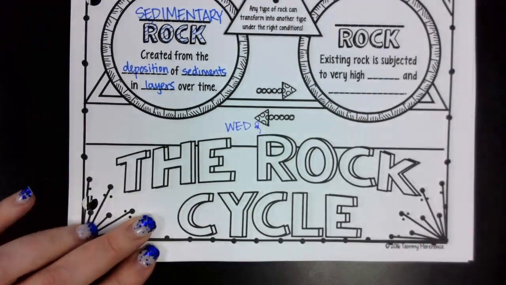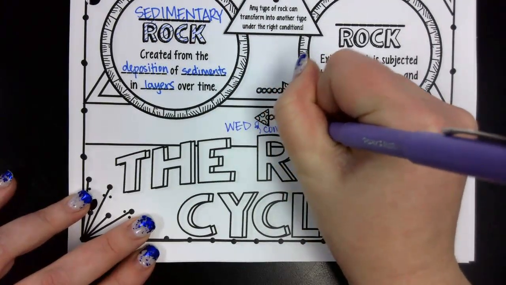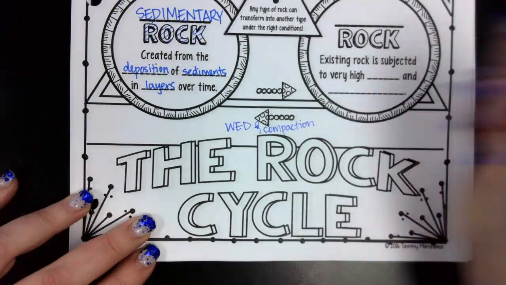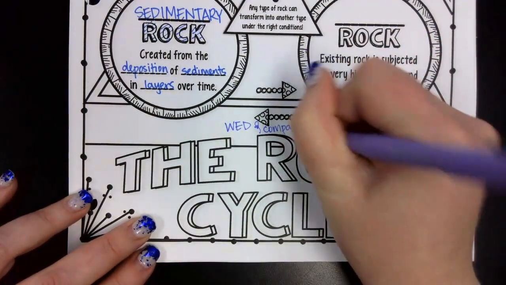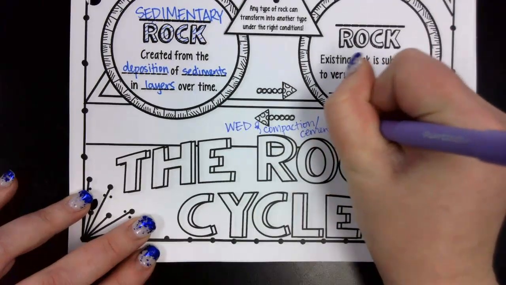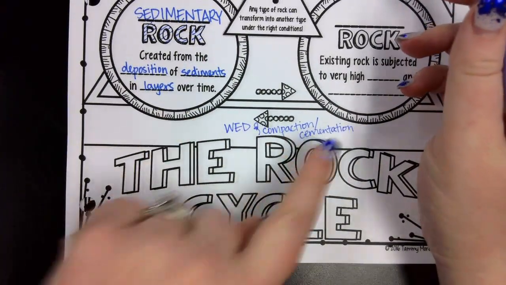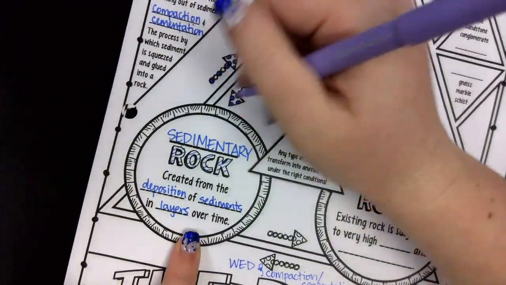And then once we have those sediments, they get compacted and cemented. So we're going to do weathering, erosion, deposition, and compaction cementation. So we got a lot going on to form those sedimentary rocks. So that's how we get to sedimentary rocks. Same thing over here.